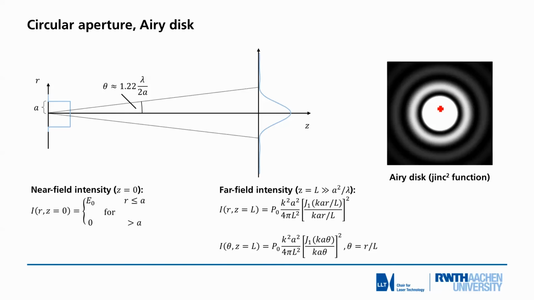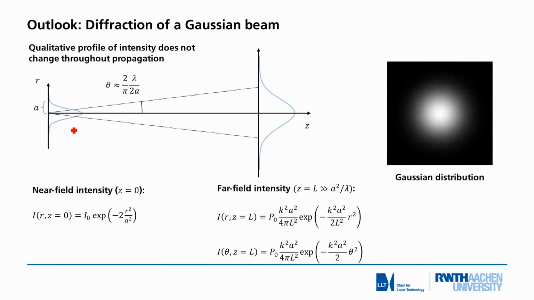Now, if we change the intensity distribution at the diffraction aperture position to a Gaussian beam, we will see a different solution. What's happening is that in the far field again we will have a Gaussian beam distribution. So this distribution shows no zero points.